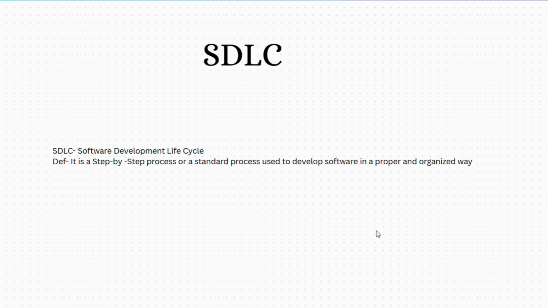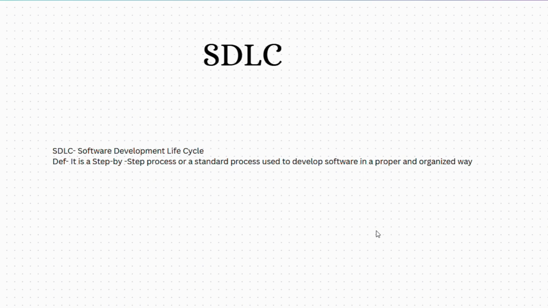So, the next question is, why is SDLC so important for companies to develop software, like IT companies or software development companies? SDLC is very important because it helps software companies build better quality software. It makes the work more organized, saves time and money, and ensures that the final product meets the customer expectations.